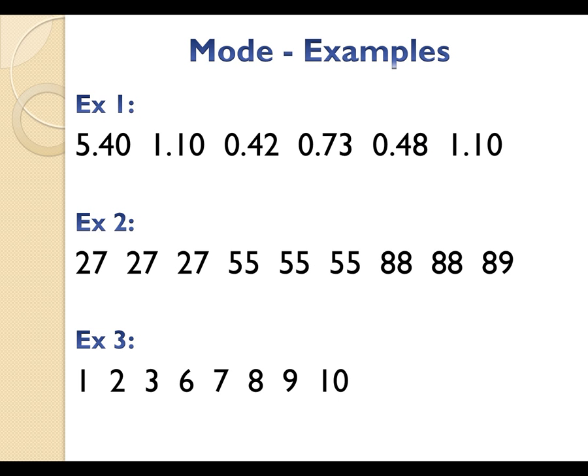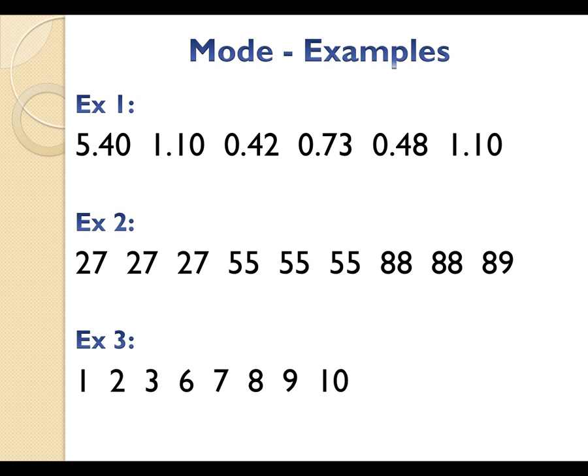Is it a good measure of the center of this data? That's right, not really, because it's higher than any of the others. Other than the 5.40, that's the only data value that it's not higher than. The others are all smaller than the 1.10. So it's not particularly a good measure of what we call center.